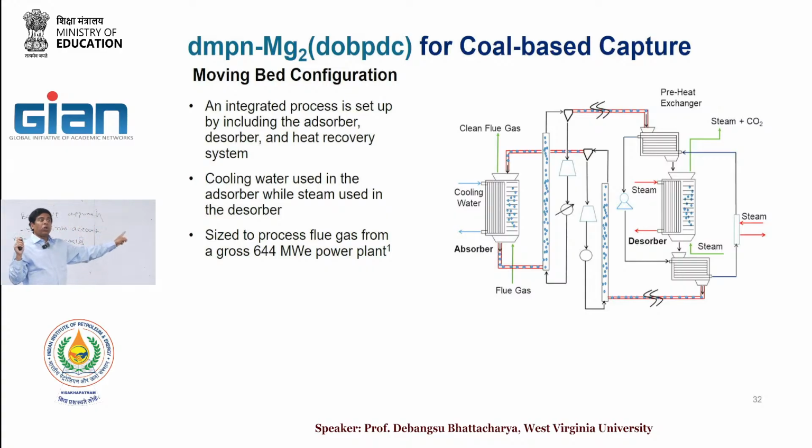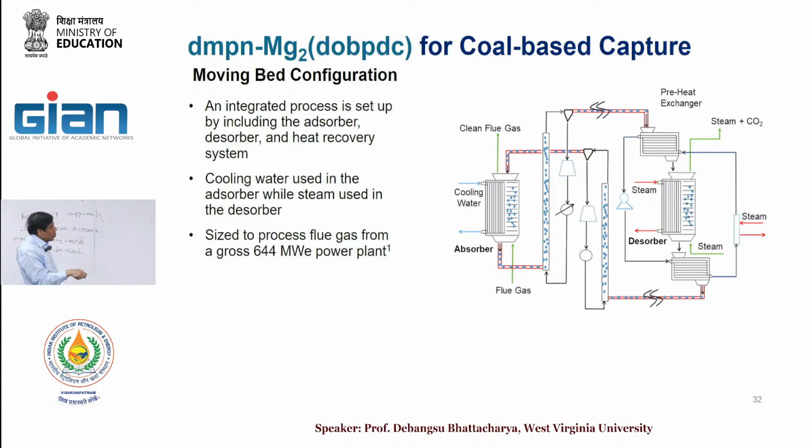Then we talked about the moving bed process here. This one actually shows you a moving bed. So this is adsorption. This shows you the whole schematic of what happens in the moving bed process, because you need the whole thing for doing the cost analysis. Just doing the adsorption is not sufficient. So you have this moving bed, and this is where the capture takes place.